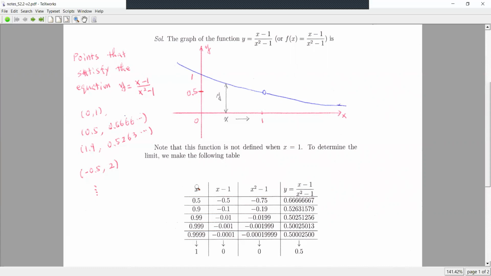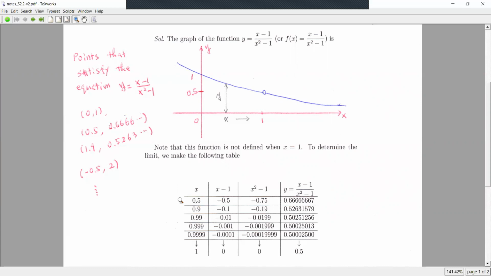So the last column is for the function. Now I let x approach 1 by taking these points. These points are quite arbitrarily chosen. You can choose other points. We call this convention number 2 about the limit of a function.